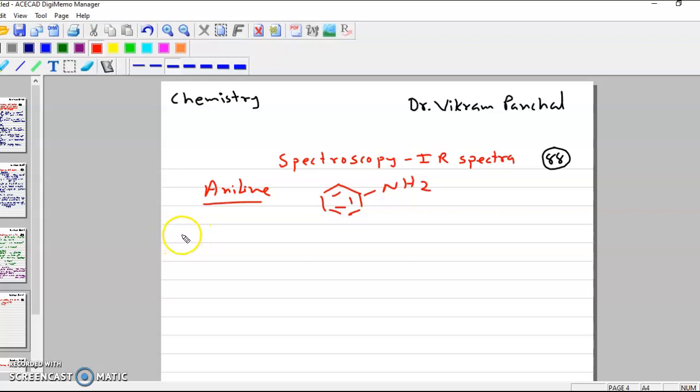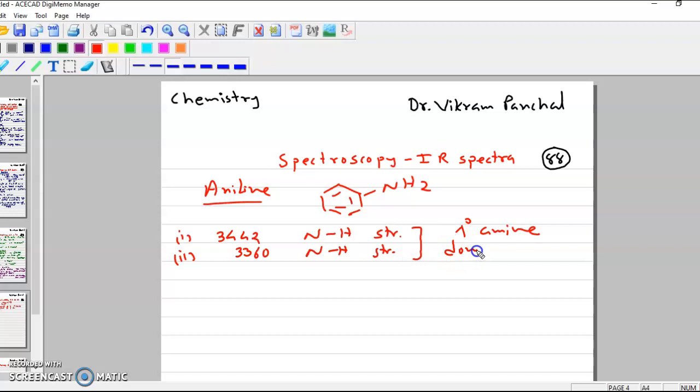The first band will be at 3442, and that is due to NH stretching, and that shows primary amine. Another band appears very close to this, at 3360, again NH stretching, and these two bands appear close to each other, so we consider them as a doublet.